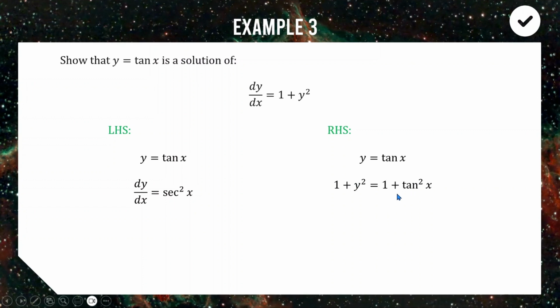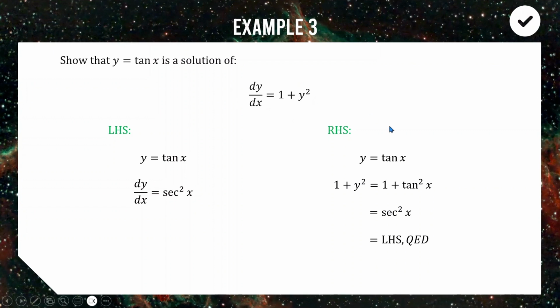And now, if you know your trigonometric identities from the advanced course, you might recognize that 1 plus tan squared is another way of writing sec squared. That is a known identity from the advanced course. And so we've shown that both the left-hand side and the right-hand side are equivalent to sec squared. So therefore, left-hand side equals right-hand side. And we've proven that y equals tan x is a solution of this differential equation.